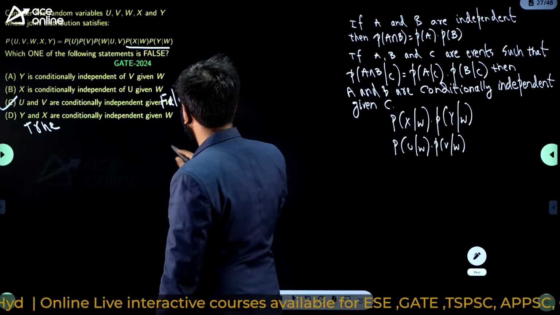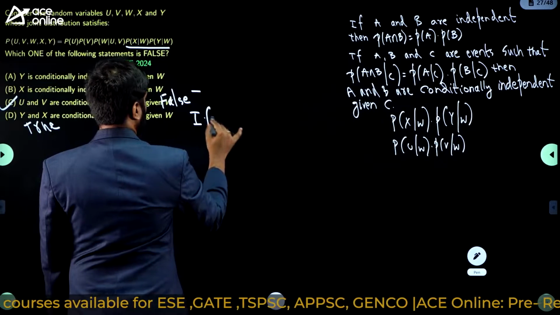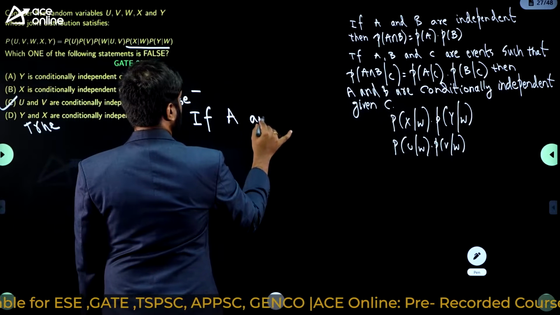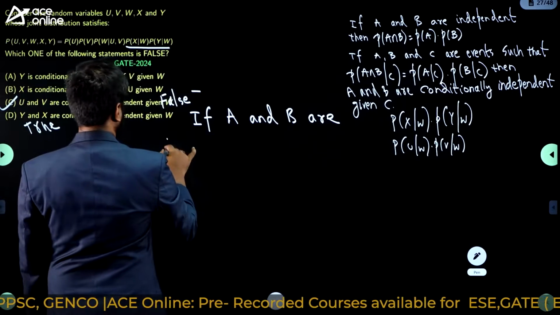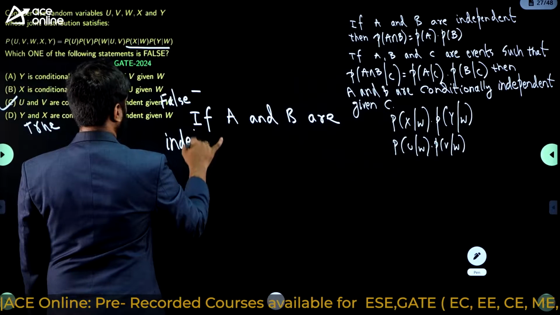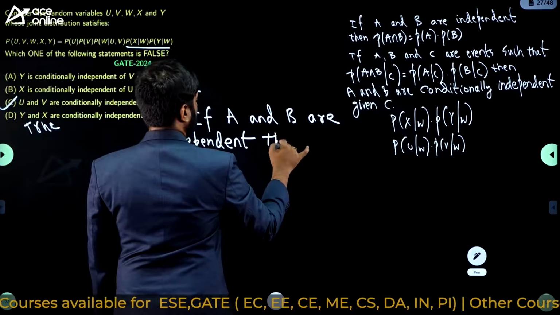Suppose, let us say again, A and B are independent, then let us see what happens.